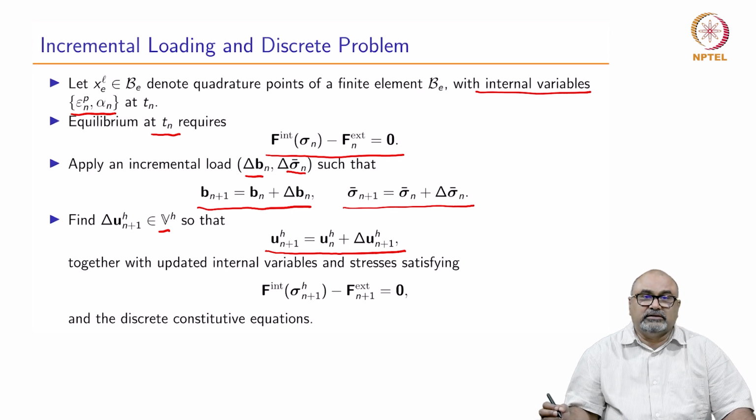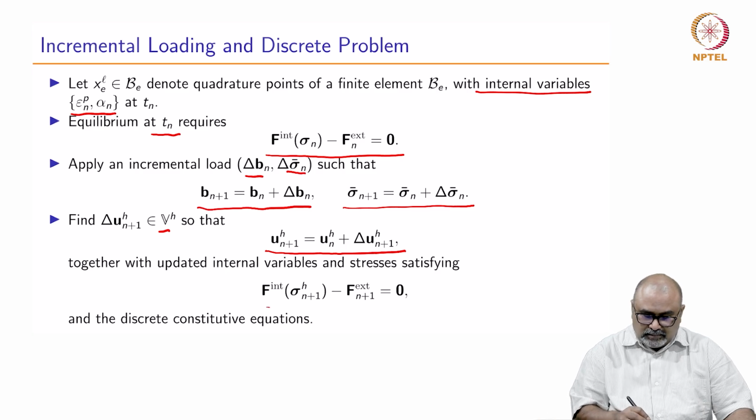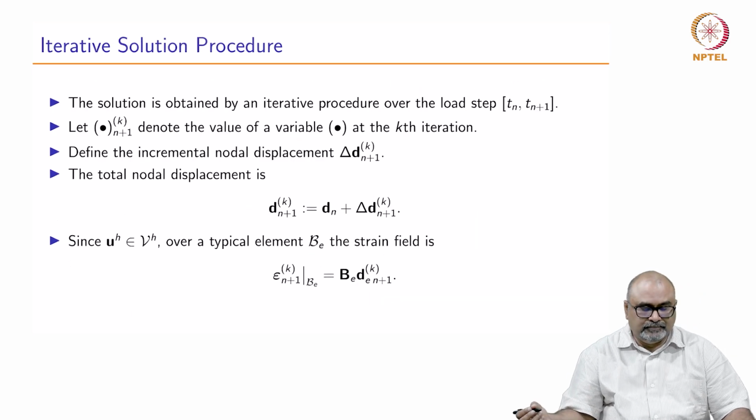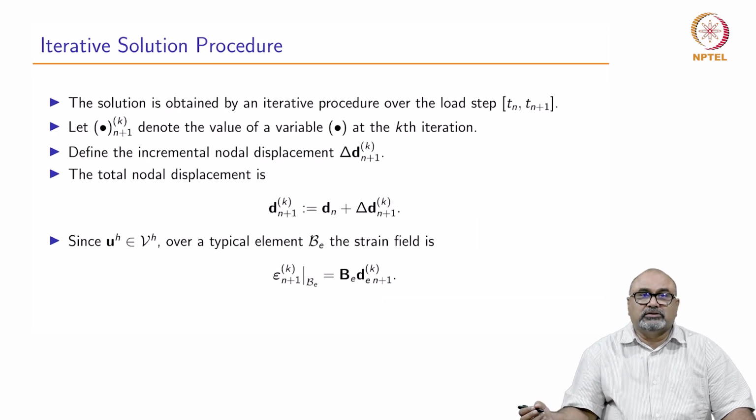So, F internal sigma n plus 1 h minus F external n plus 1 must be equal to 0 are the discrete equations that we need to solve. The solution is obtained by an incremental iterative procedure over a typical load step Tn to Tn plus 1.